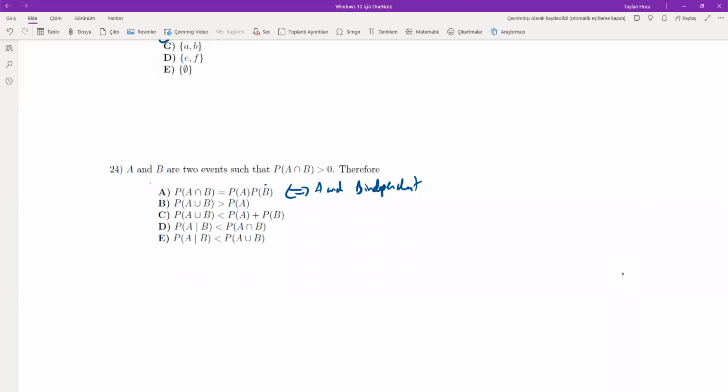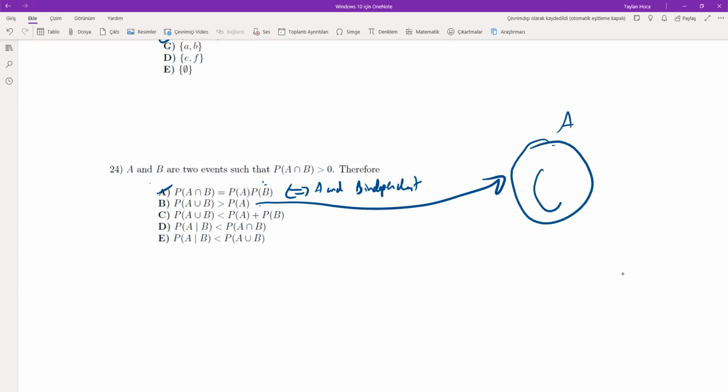So it depends on the independence of A and B. P of A union B is strictly greater than P of A? What if A contains B? Then P of A union B is equal to P of A.